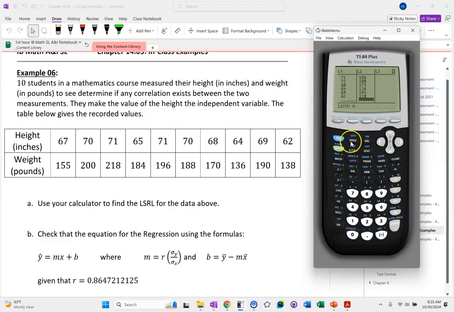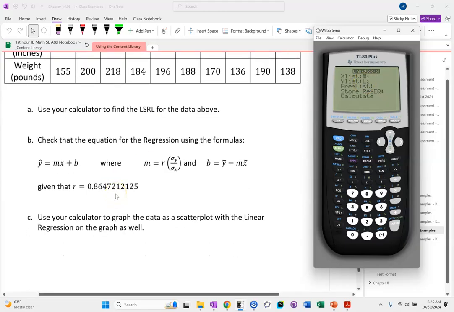So once I've entered the data in, I'm going to exit out to the main screen. I'll press Stat, go over to Calc, and then pick LinReg. Make sure that my lists are in the right places.